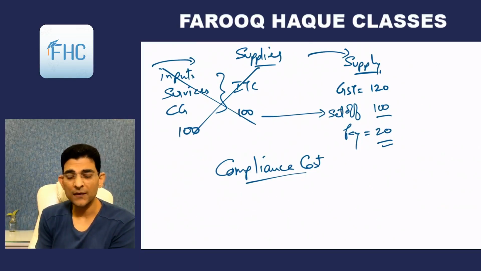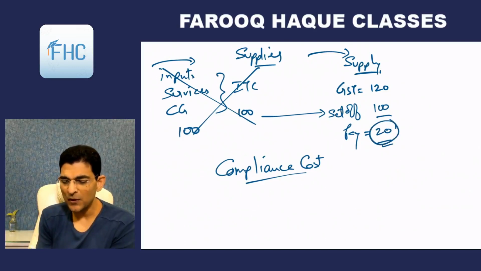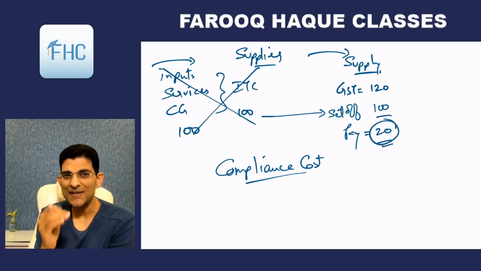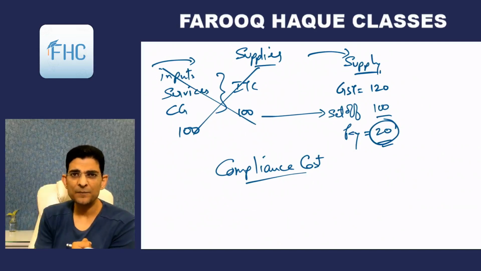The government says do one thing: you just pay tax on your output, goods or service as the case may be, at a very small rate. The government finds that you are paying 20 rupees, so the government's net earning is only 20 rupees on whatever sale price is there.